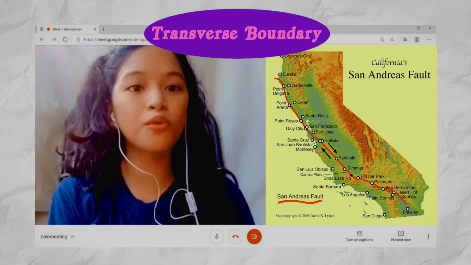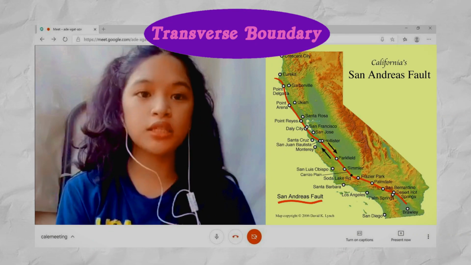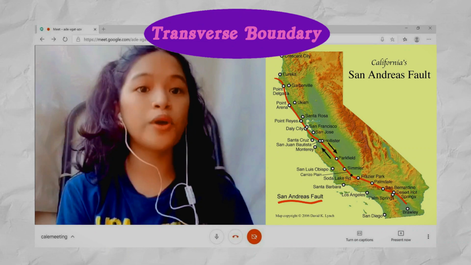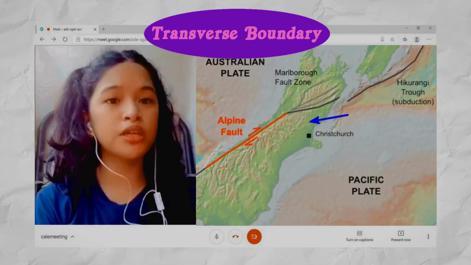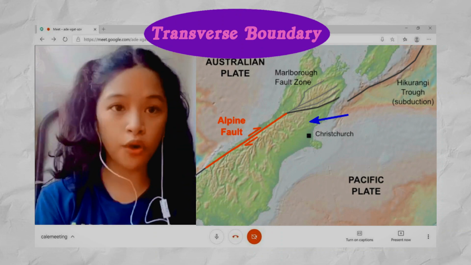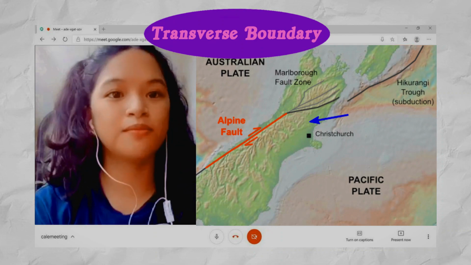The most famous example of this is the San Andreas Fault located in western North America, and a transform fault boundary inland is the Alpine Fault in New Zealand.